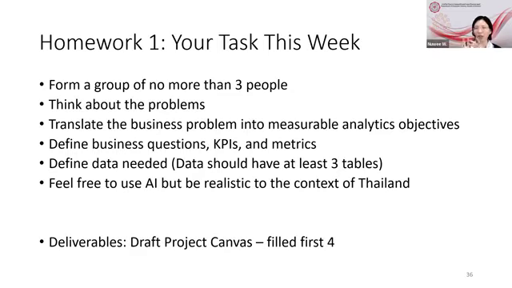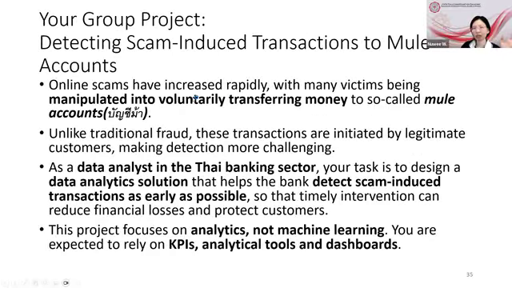My requirement is that your data should have at least 3 tables. It will be used later on. Feel free to use AI, but be realistic to the context of Thailand. Everyone has the same problem, but not everyone has the same objectives.